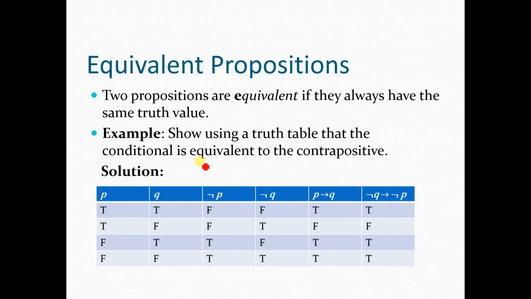So the conditional is P implies Q, and the contrapositive is negation Q implies negation P. Again, we have to assign one column for truth values of P, one column for truth values of Q, and since negation P and negation Q are involved, one column is dedicated to the truth values of negation P and negation Q. Then we need P implies Q, because we have to show both conditional and contrapositive, and the last column is for the contrapositive.